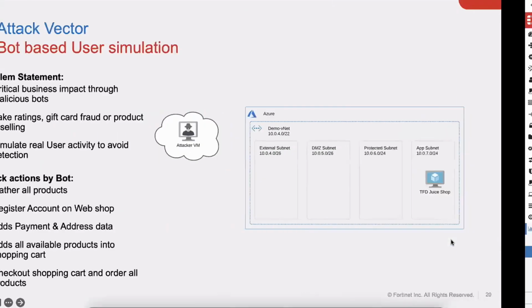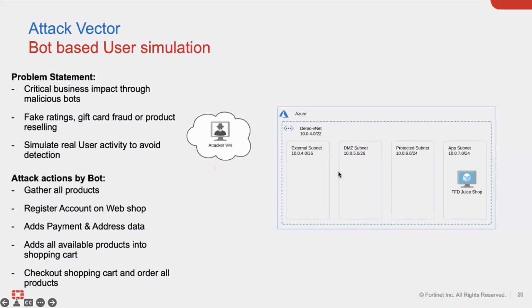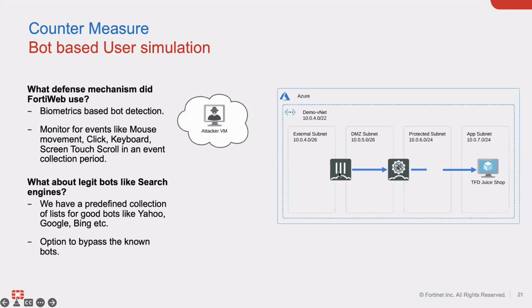So just to summarize here: what we have seen is that biometric-based bot detection did monitor for events like mouse movements and everything. But now I might get a question, what about the known search engines? Because Google, Yahoo, Bing are all good known bots and they are search engines.